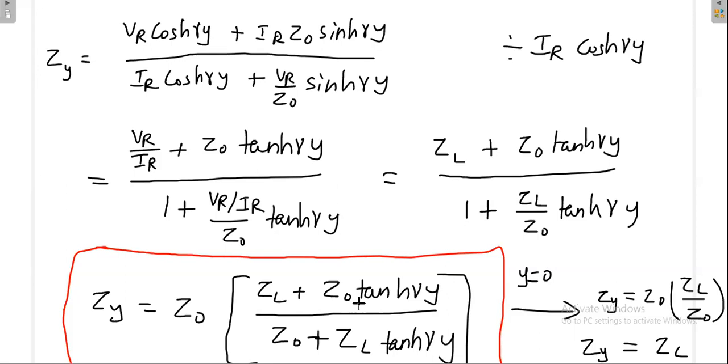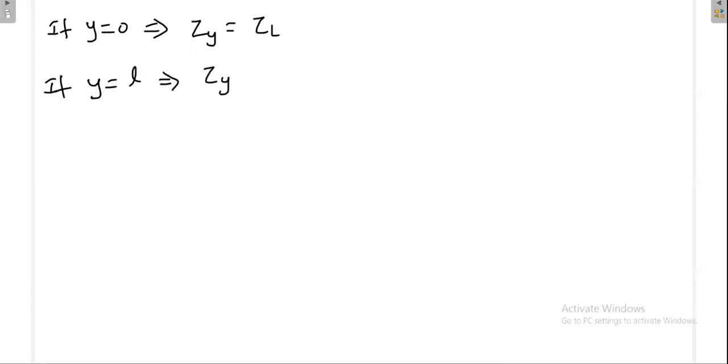That I think we have already derived. You just cross verify: instead of y, you put L, and that has to be the same as what you derived already. If y is equal to 0, then Zy gives you ZL, because that is the load impedance. If y is equal to L, then Zy will be your input impedance, that means the ratio of source voltage and source current.